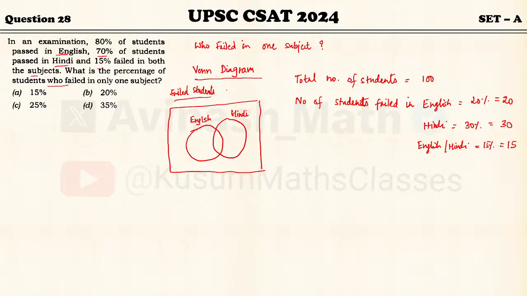The number of students who failed in English is 20, Hindi 30 and both is 15. So this is actually 15, this is 5 and this is 15, right? Now the question is asking what is the percentage of students who failed in one subject. Who failed in one subject is what? It is 5 plus 15, which is 20. 20 is how much? 20% in this case. So the answer is B.